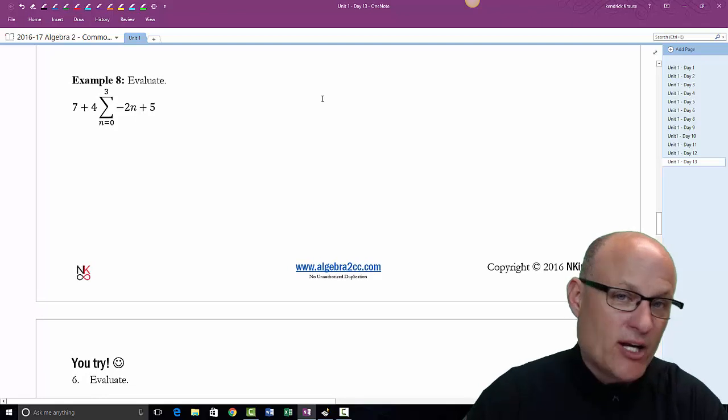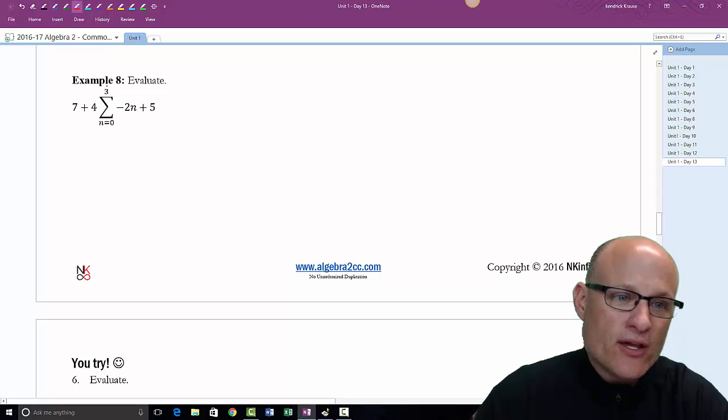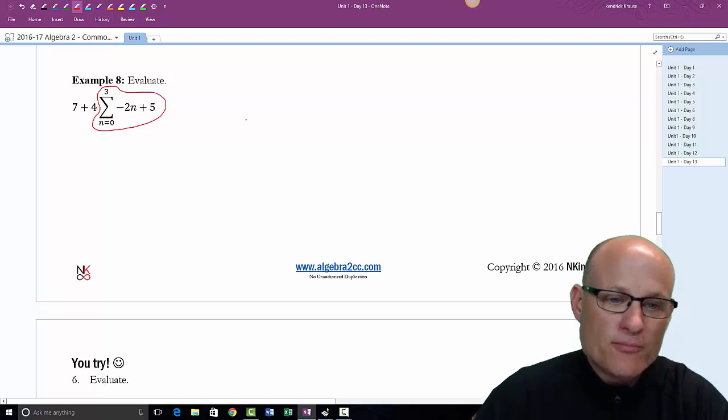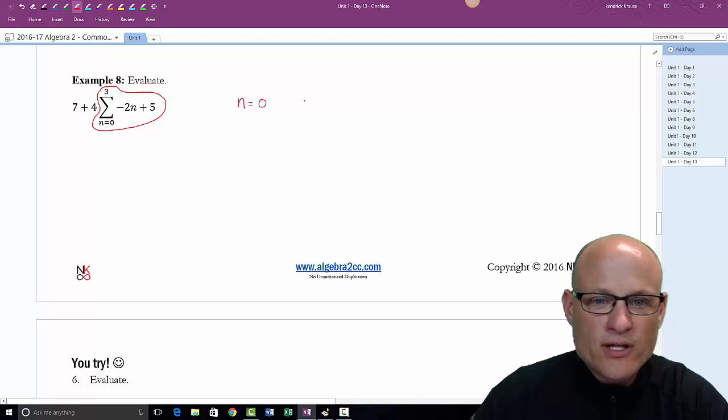All right, so this one's a little bit trickier. What I'm going to deal with first is just this part. So n equals 0: negative 2 times 0 plus 5.